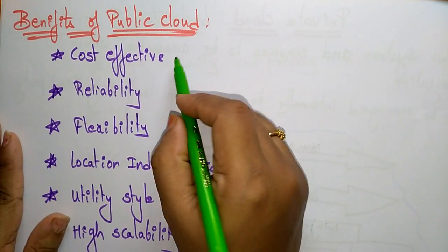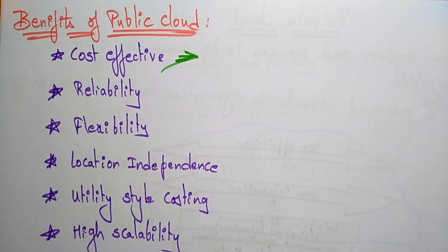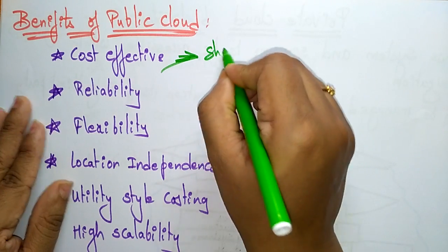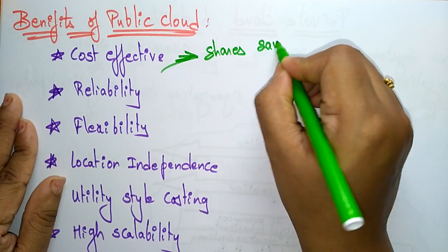So the first benefit is cost effective. Why are we saying the public cloud is cost effective? It is cost effective because the public cloud shares the same resources with a large number of customers.